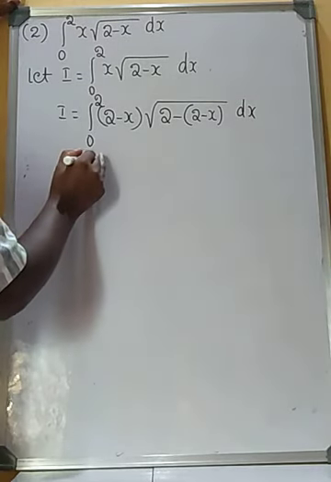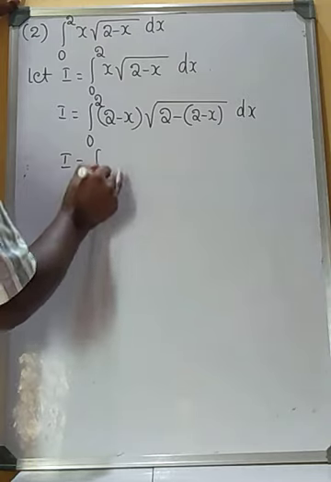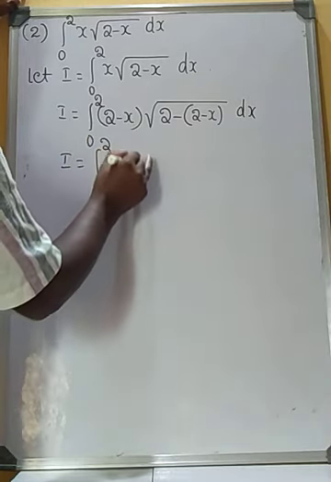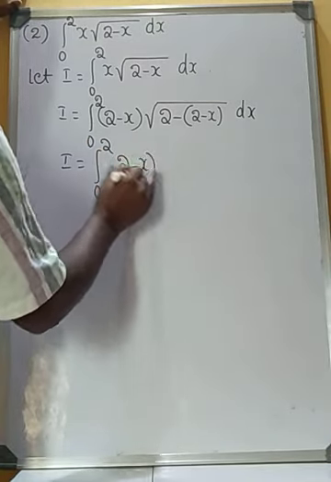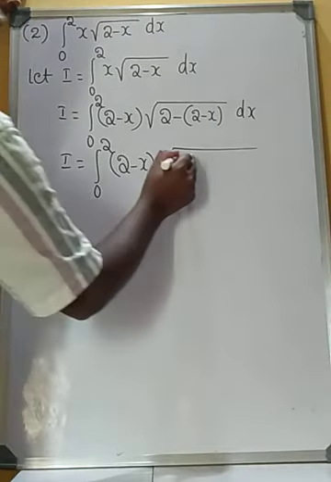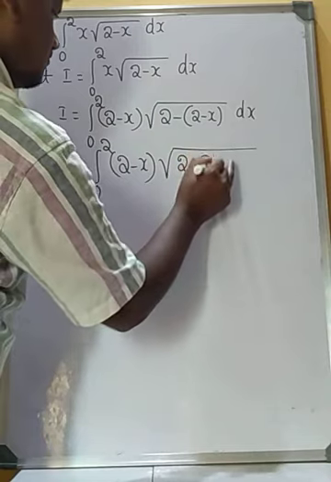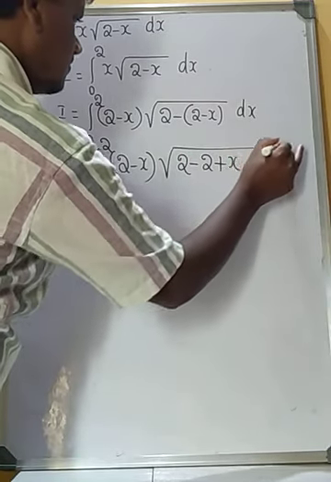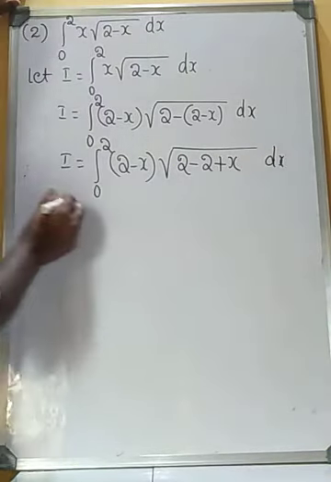Therefore, I equals integral 0 to 2 of (2 minus x) into root of (2 minus 2 plus x) into dx.